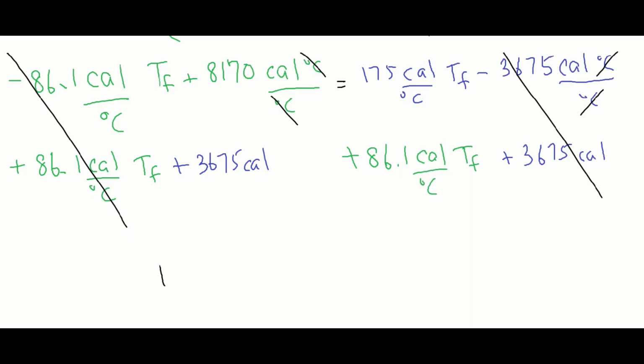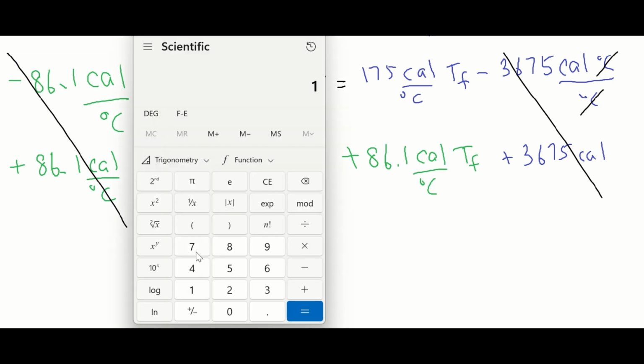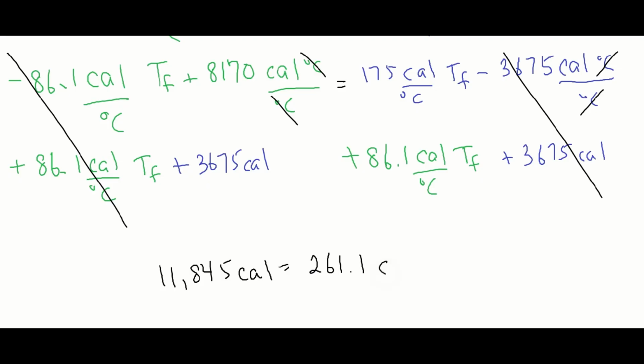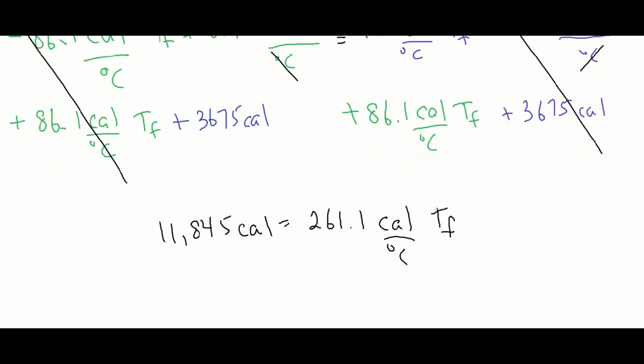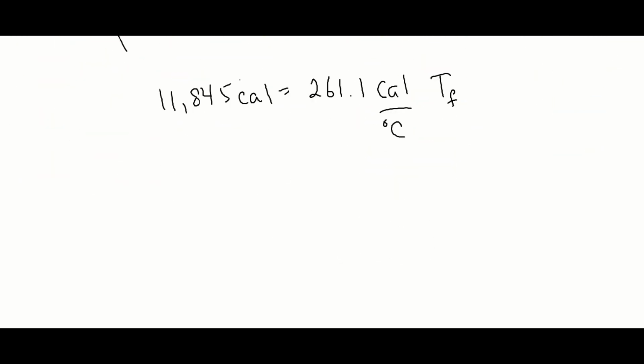So on the left side of our equation is 11,845 calories. And on the right side, we have 261. Final step, let's isolate.